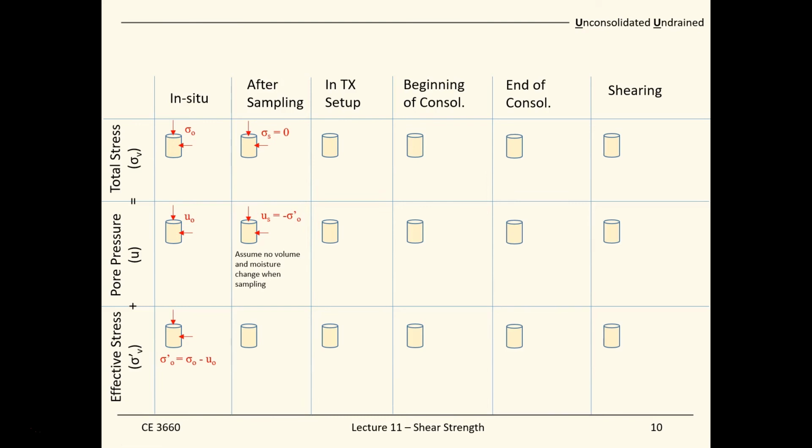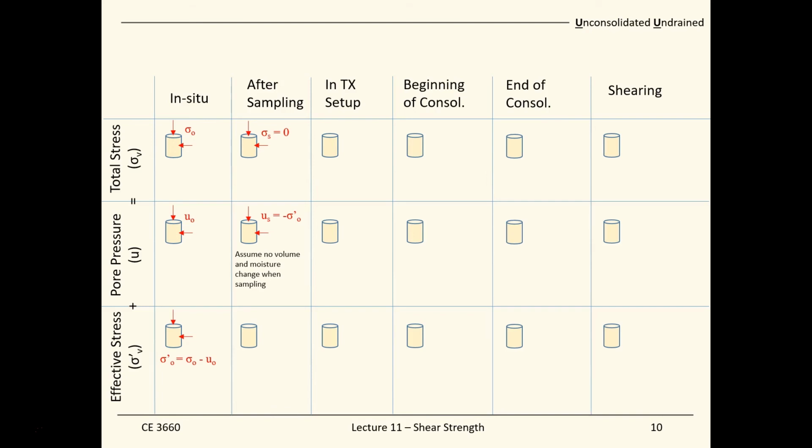We also assume there is no disturbance from the sampling, which means the soil sample has no change in volume and no change in moisture during the sampling process. If that is true, then we can assume the initial effective stress becomes the negative pore pressure. This is an assumption, and it may not be perfect because we know there is soil disturbance, and it also depends on the quality of the drilling.